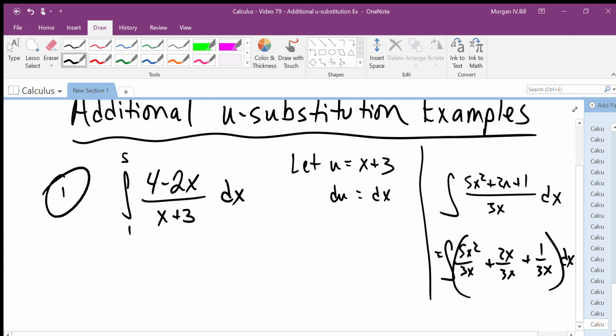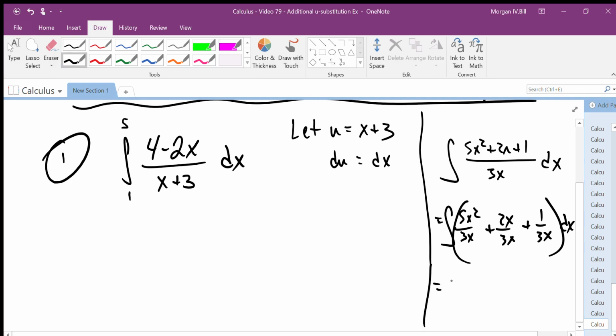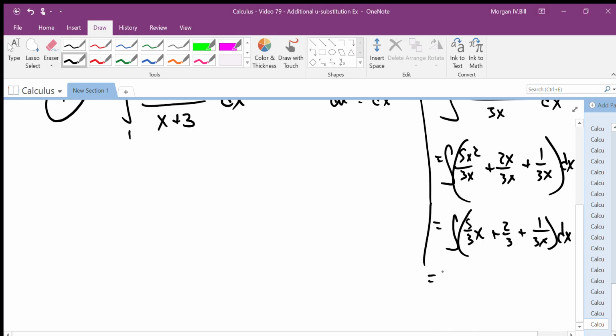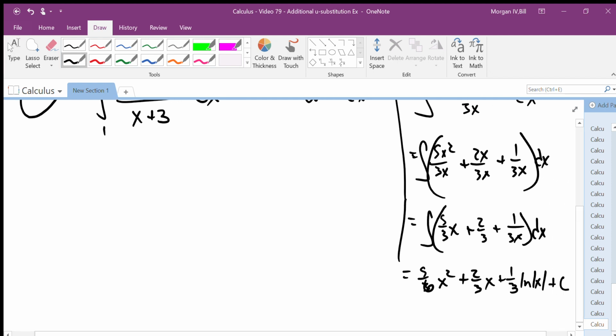And we learned this before u substitution, and that would then be equal to 5/3 x plus 2/3 plus 1 over 3x dx. And then what we could do, we could integrate those things individually, right? And we'd get, say, 5/3 x squared, actually that would become 5/6 x squared, plus 2/3 x plus 1/3 natural log absolute value of x plus c. And we could individually integrate each one.